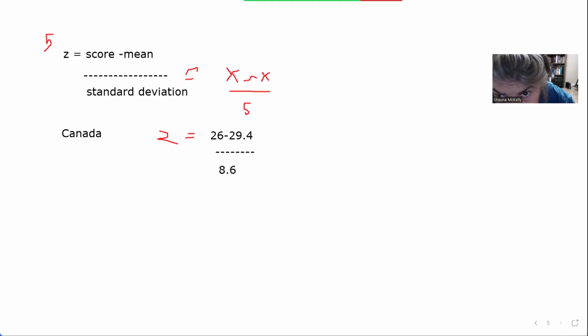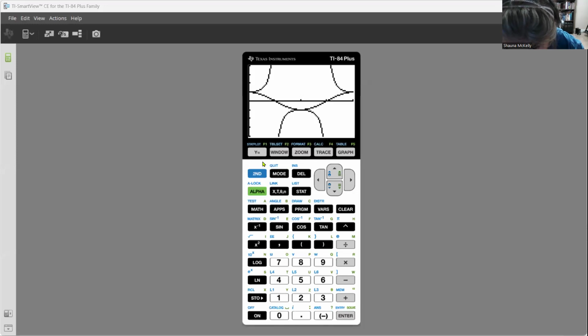I'm going to stop sharing my screen and open up the calculator here and share the screen with you. So we now have this. Let me quit from here and clear all this out.